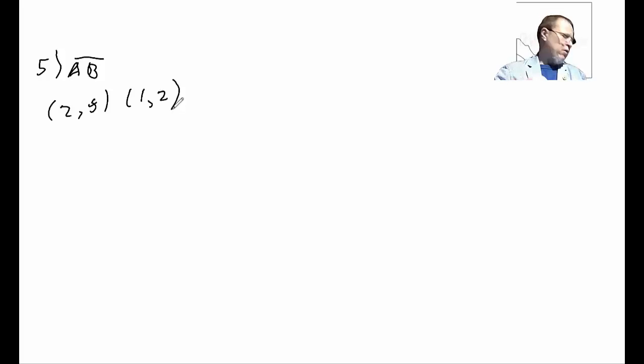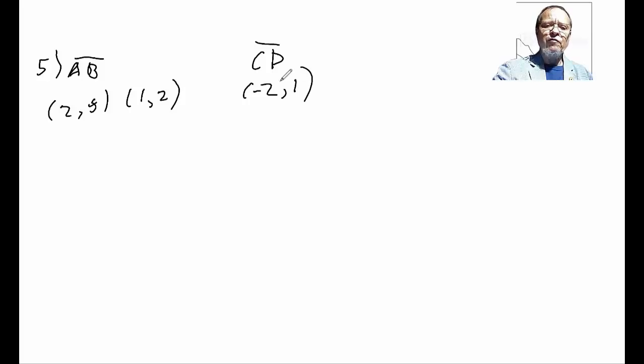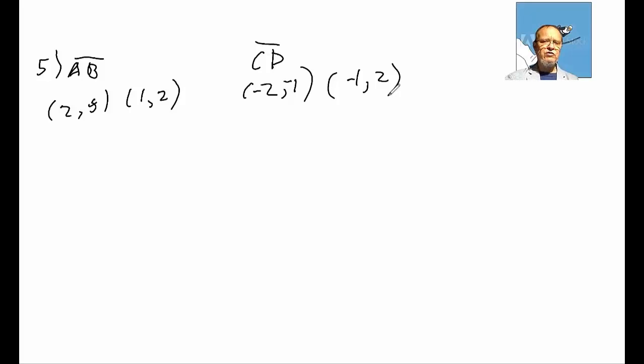The other line segment is represented by CD, where C is the point (-2, 1) and D is the point (-1, 2). So we want to find the slopes of each of these line segments.